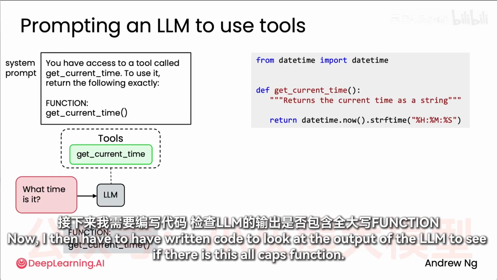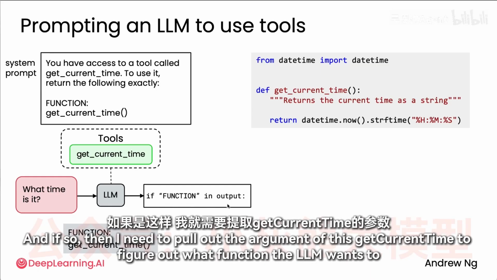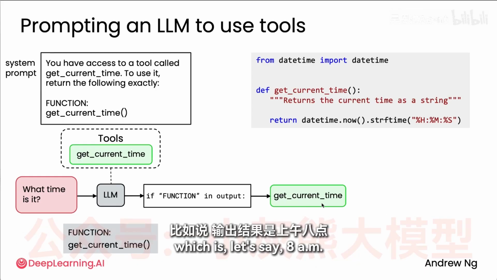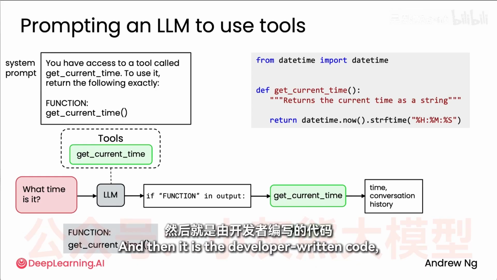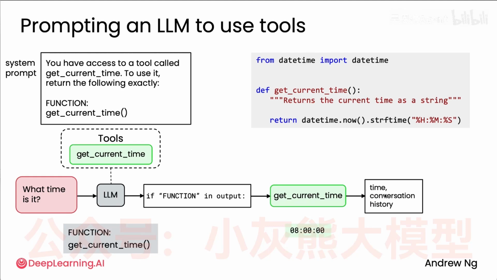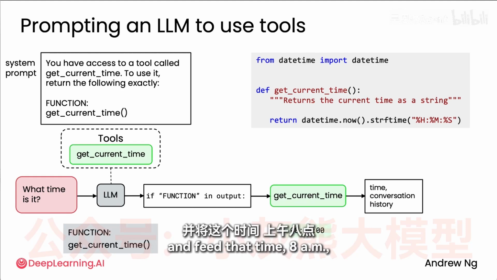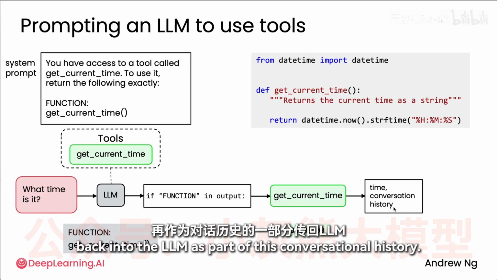Now, I then have to have written code to look at the output of the LM to see if there is this all caps FUNCTION. And if so, then I need to pull out the argument of this getCurrentTime to figure out what function the LM wants to call. And then I need to write code to actually call the getCurrentTime function and then pull out the output, which is, let's say, 8 a.m. And then it is the developer written code, my code, that has to take 8 a.m. and feed that time, 8 a.m., back into the LM as part of its conversational history.